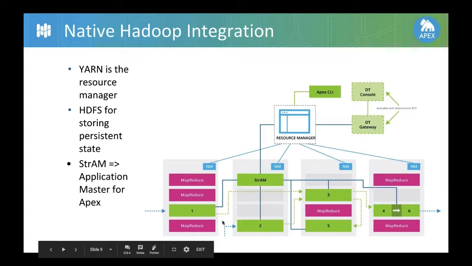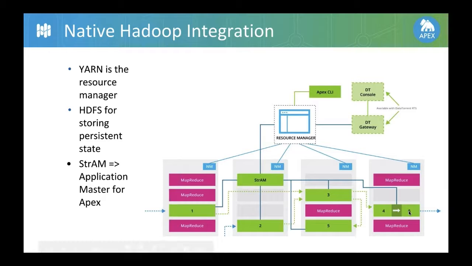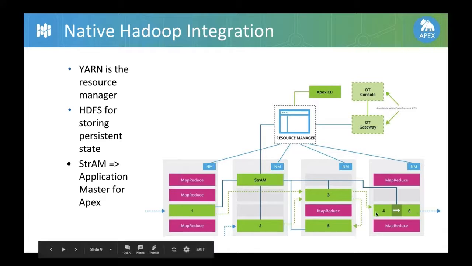If we see over here, it has allocated container 1 for operator 1 on this node, then operator 2 on this node, and operators 3 and 5 have got deployed on node 3. Operators 4 and 6 over here are actually in the same process.